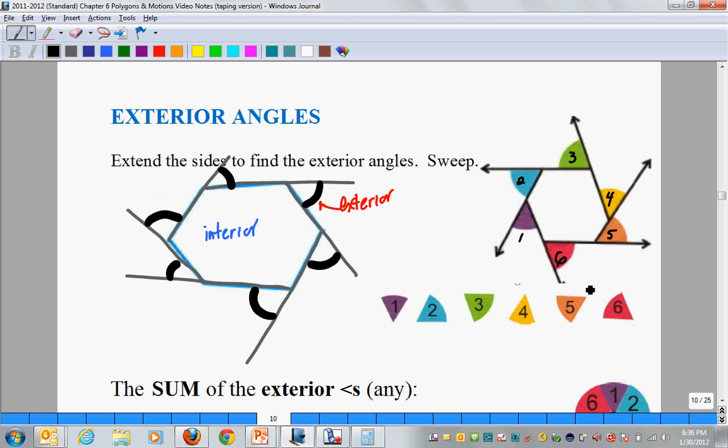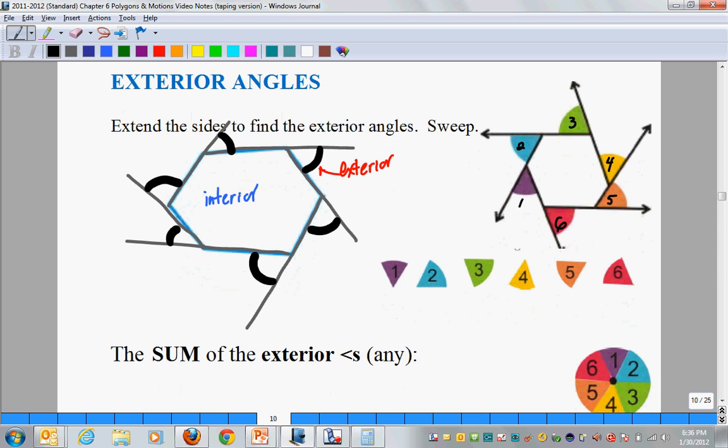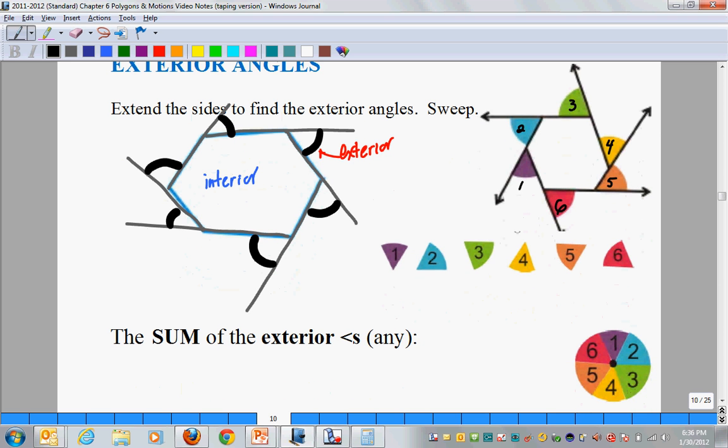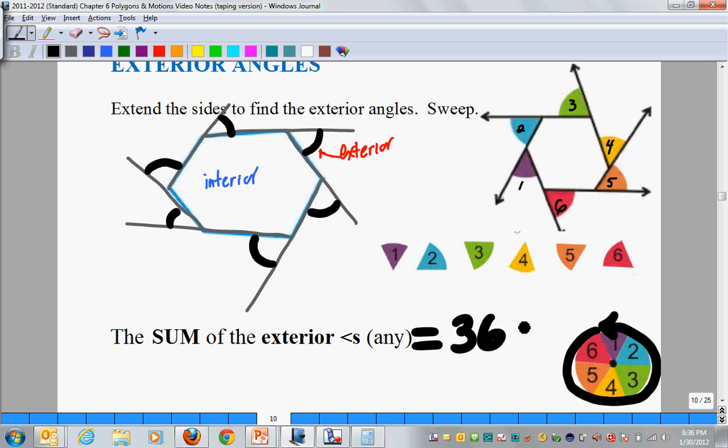If you were to pull out each of those angles, notice they're color-coded, and swing them around, the exterior angles, regardless of the shape, always add up to a circle. So the sum of the exterior angles will always be 360 degrees. Whether it's a decagon, a pentagon, a heptagon, the exterior angles will always add up to 360.